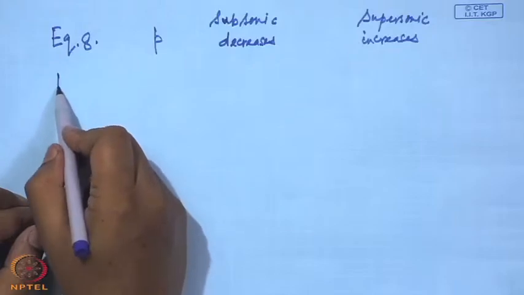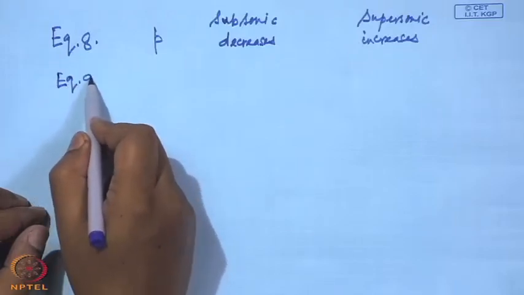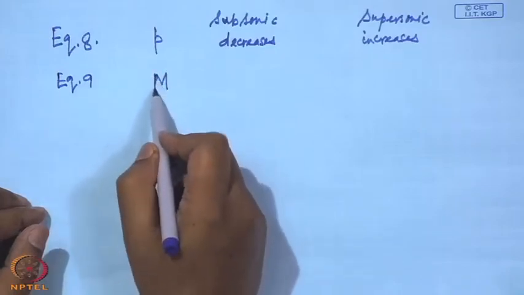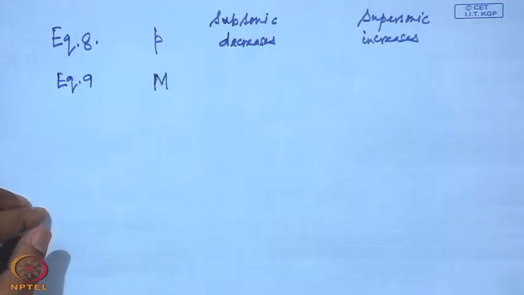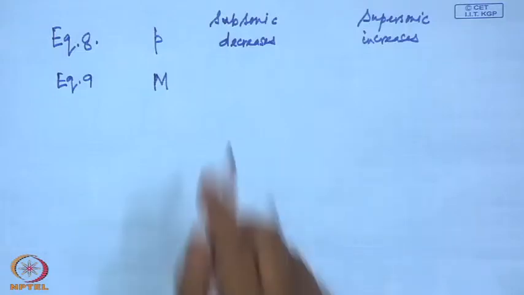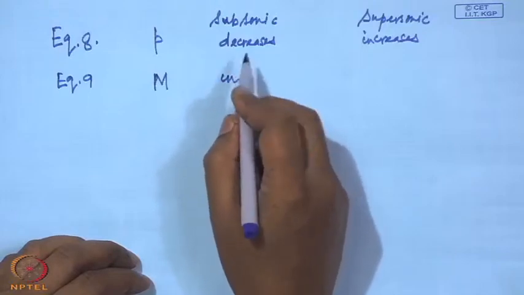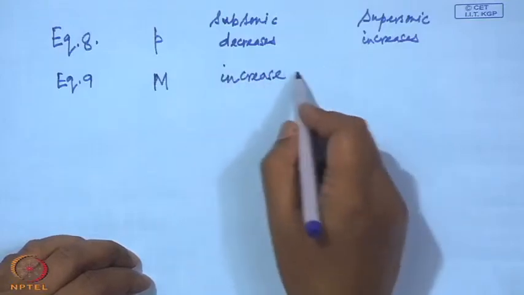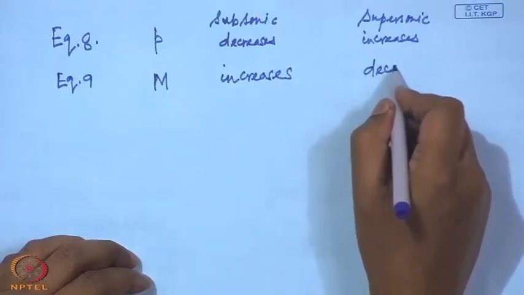Similarly, equation 9 shows Mach number, dM square by M square, is negative, and Mach number increases and decreases in this case.